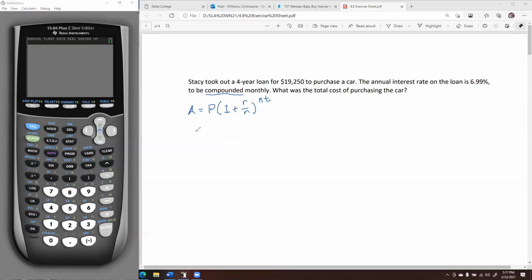So A, this is going to be our total future value. Or in the case of a loan, it's going to be the total repayment amount.